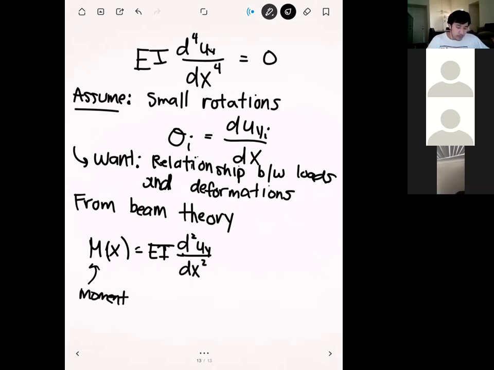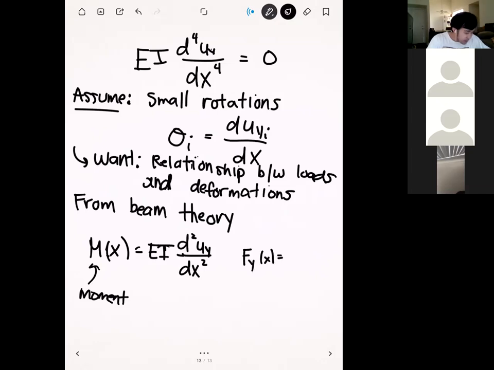Okay. And so this is basically the relationship that we want, where on the left-hand side we have one of the loads. One of the loads for a beam is a moment or a torque. And then we have the relationship between that and the displacement. Given it's a derivative relationship, but it's a relationship which we can have. Okay?